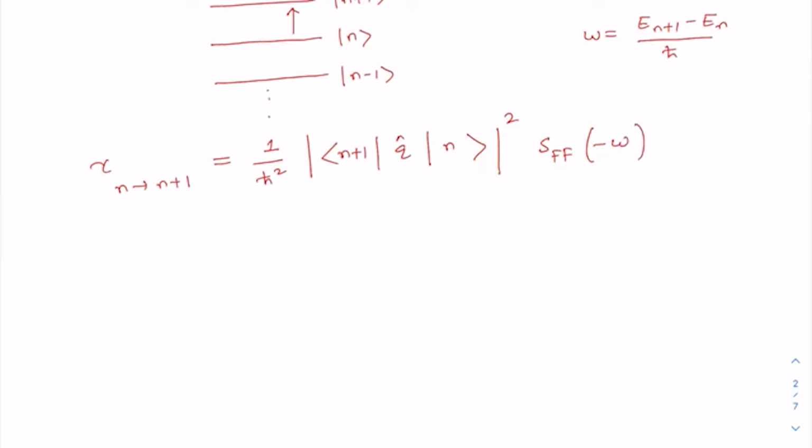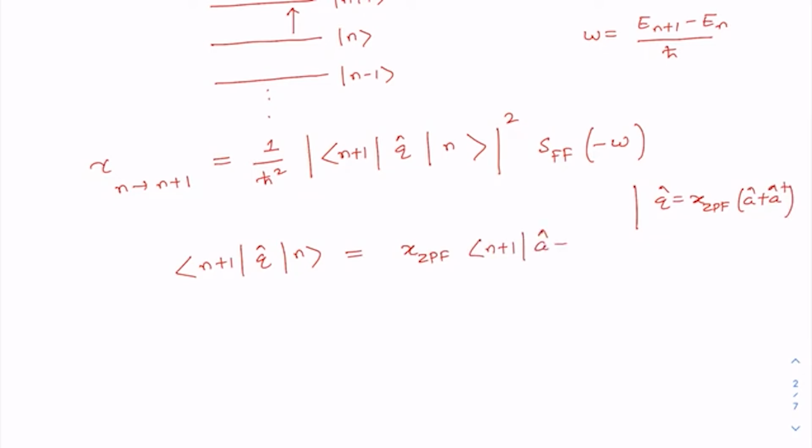Now let me work out this quantity, n plus 1 Q cap n. Q cap is the zero point fluctuation into (a plus a dagger). Therefore I have here n plus 1 (a plus a dagger) n.